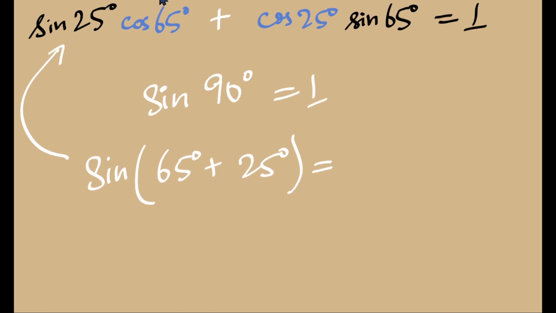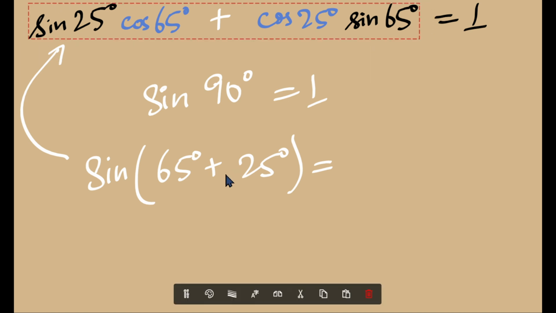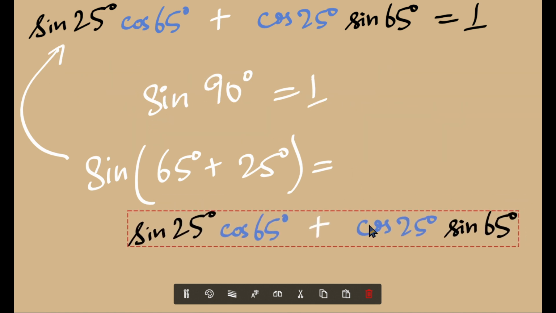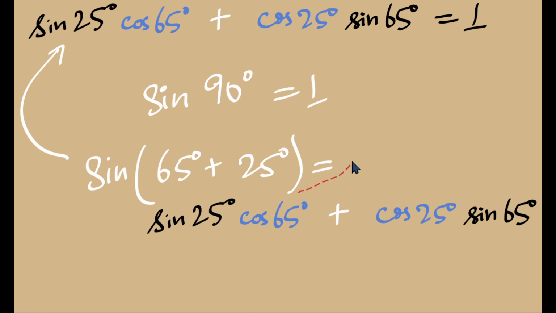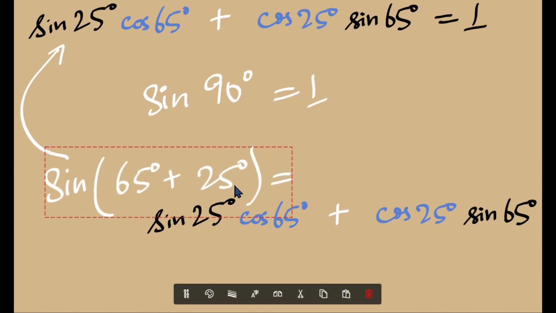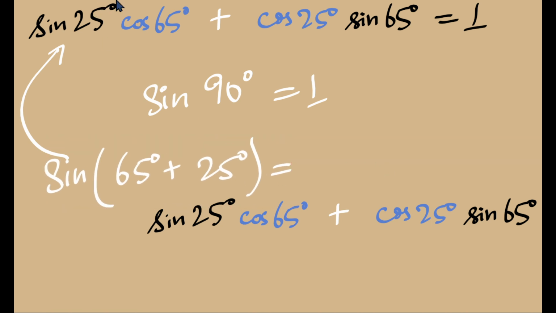So let me bring this down, and if this is confusing to you, then very good, because it should be. You haven't studied this, we haven't proved this, but this might be just an insight for you for upcoming trigonometric ratio classes you might have in your further grades. So I am saying that if sine of some angle plus some other angle is given, you couldn't just write this as sine of 65 degrees plus sine of 25 degrees, right?